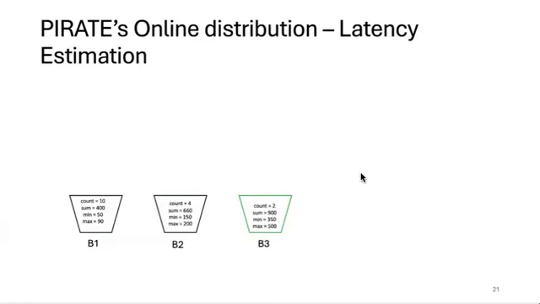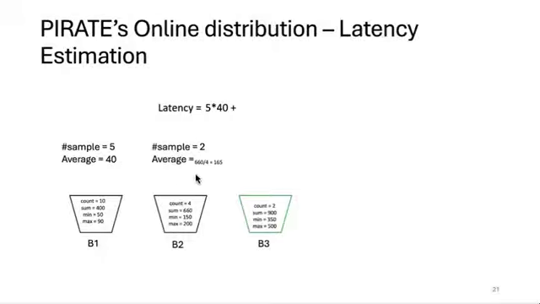So the latency estimation would be that each of the buckets contributes some value towards the latency estimation. That is calculated as the number of samples from each bucket times its contribution. So from bucket B1, it would be 5 samples with an average of 40. From bucket B2, it would be 2 samples with an average of 165.